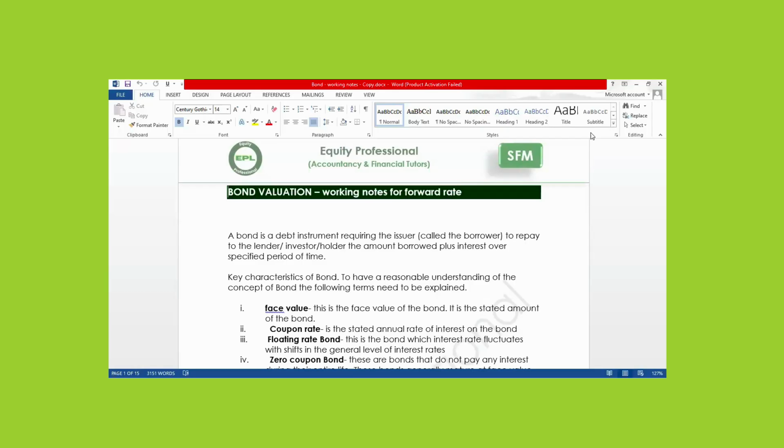We can define bond as a debt instrument that requires the borrower to repay the amounts borrowed plus the interest elements to the lender.